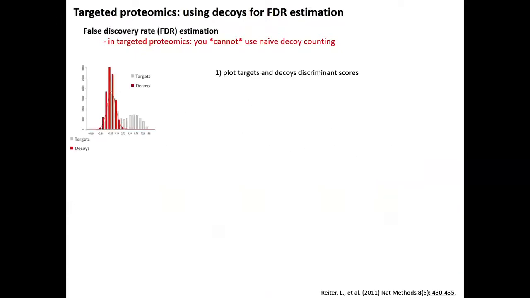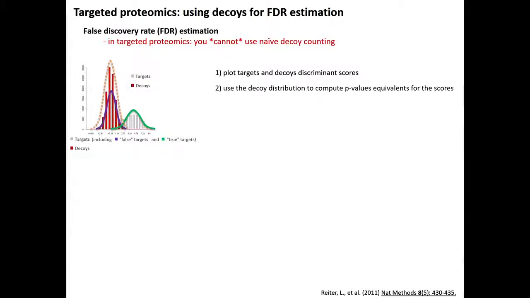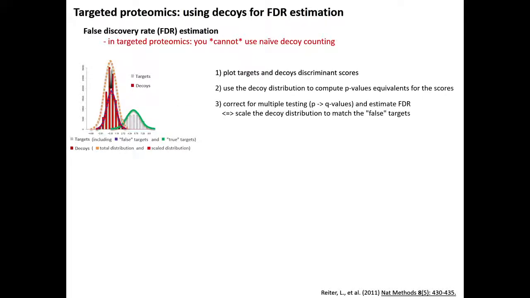So this is in practice how we do that. Again, you can see the false targets and the true targets relatively well. So don't take the total distribution of the decoys and don't do naive decoy counting. Scale down the distribution of the decoys until it fits the false targets.